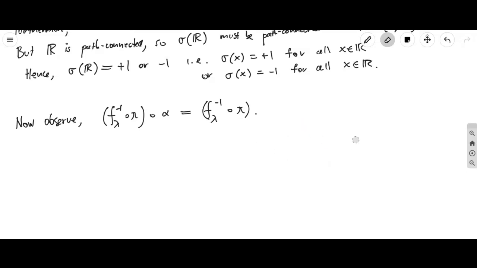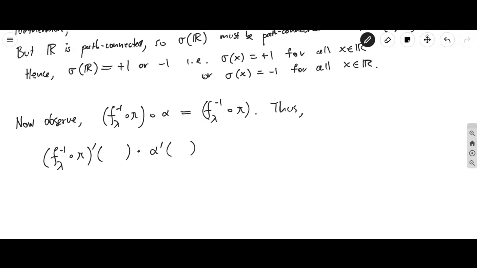So what does this imply? Thus, if we take the derivative of both sides, we have f lambda inverse composed with pi, and we take the derivative, and then we have to multiply by the derivative of alpha.